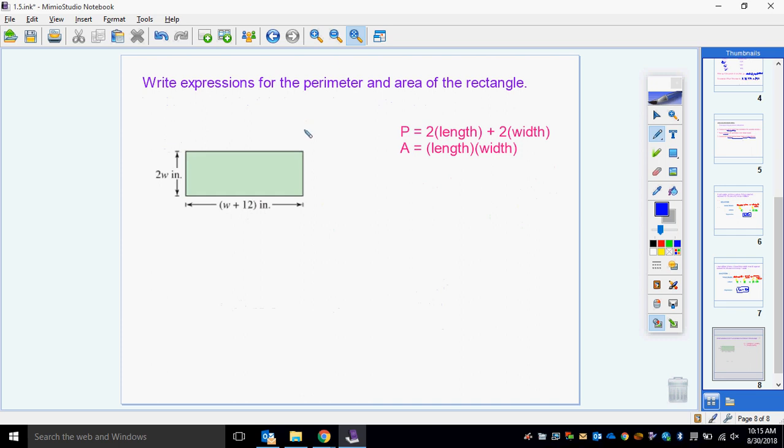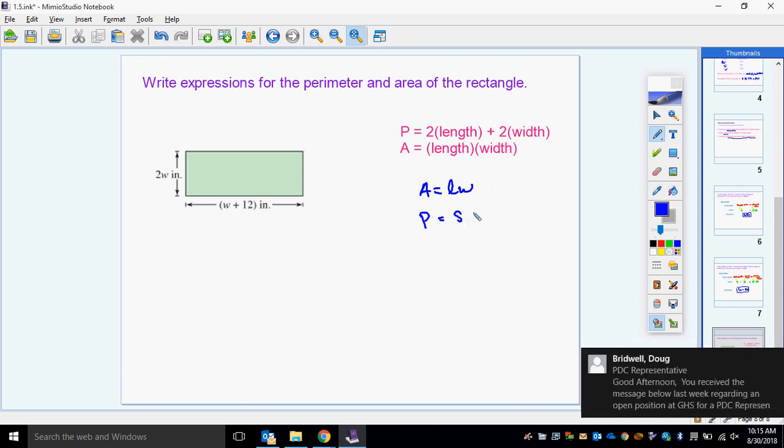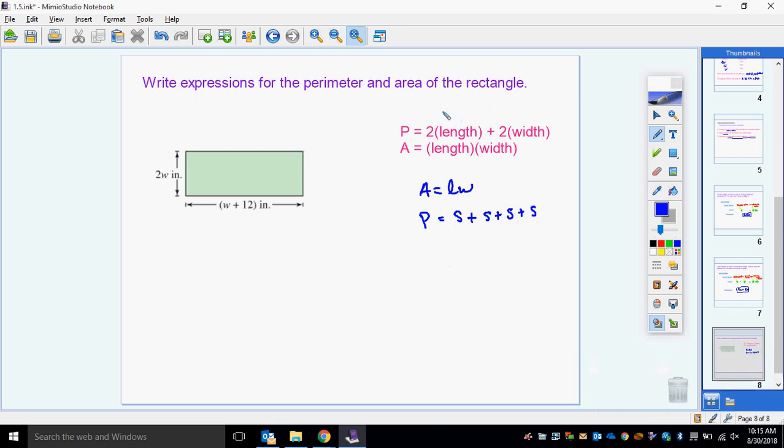And the last one, write the expression for the perimeter and area of the rectangle. So here is the area formula and the perimeter formula. Area equals length times width. Perimeter, you can either add up all the sides, side plus side plus side plus side, or you could follow this equation up here, which is perimeter equals 2 times length plus 2 times width.